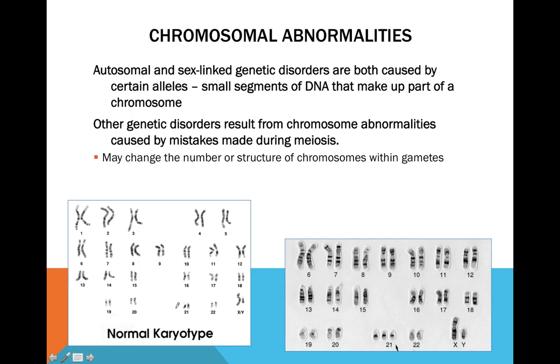We have our 23 sets of chromosomes, and this one here just so happens to be a guy because he has XY. The rest of these chromosomes, 22 all the way up to chromosome 1, are called your autosomes. Abnormalities can happen on either one of these chromosomes in your karyotype.